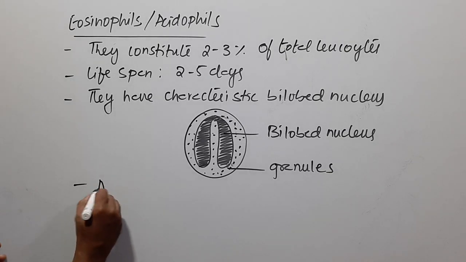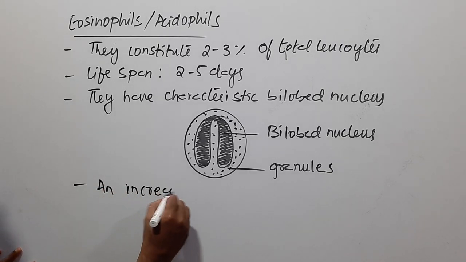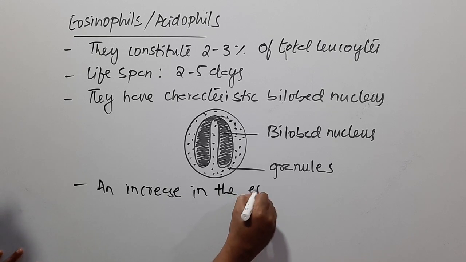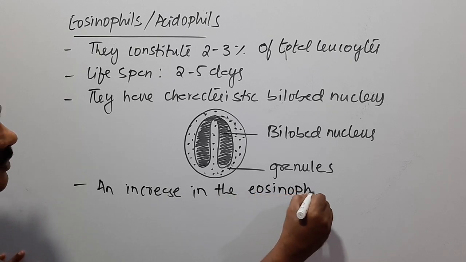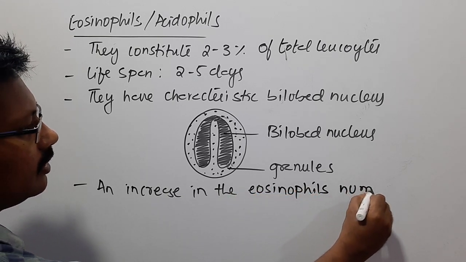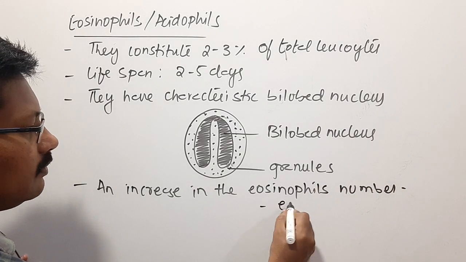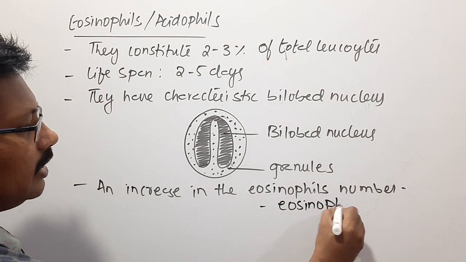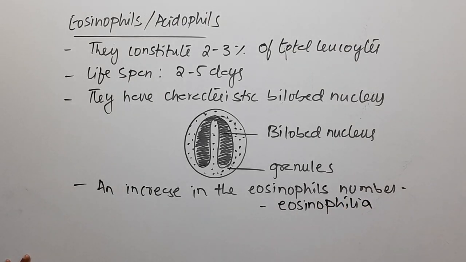An increase in the eosinophil number is a condition we call eosinophilia, and this eosinophilia is caused in certain conditions.